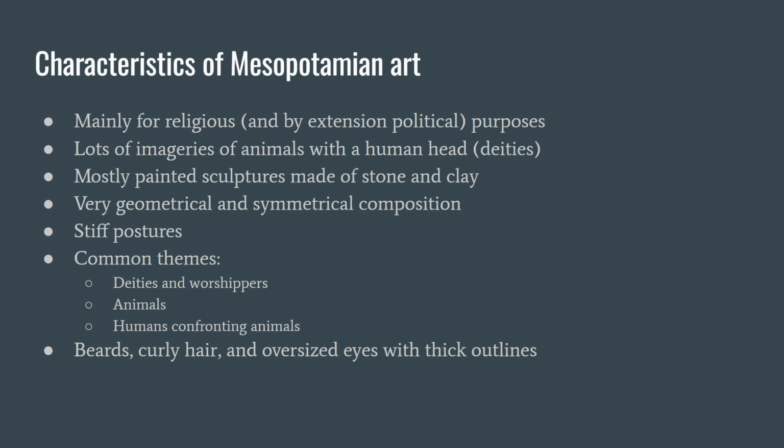Lots of imagery of animals with a human head. We'll be comparing Mesopotamia against Egypt and see how the use of animal imagery is different. They're mostly painted sculptures made of stone and clay.